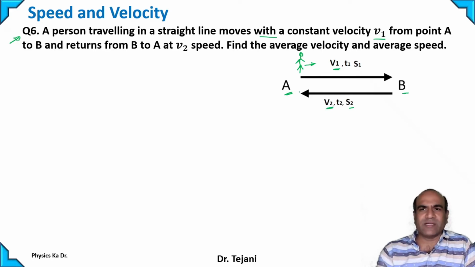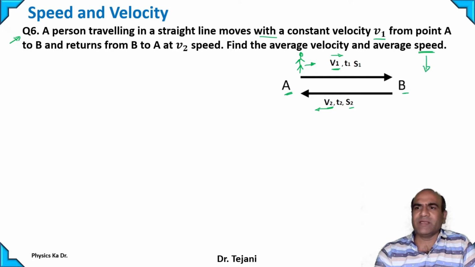It may be possible that at the beginning we have higher energy, we run fast, we can run quicker. At returning we may have some tiredness, and a tired person may slow down. That is possible, that is natural. Find the average velocity and average speed.